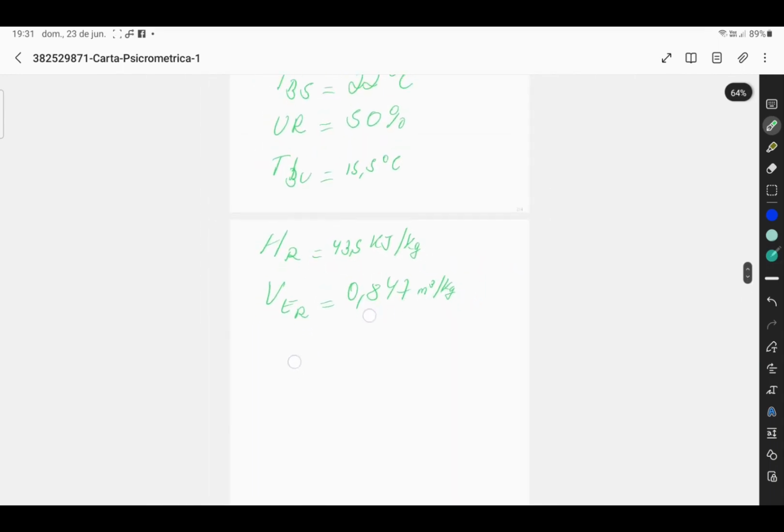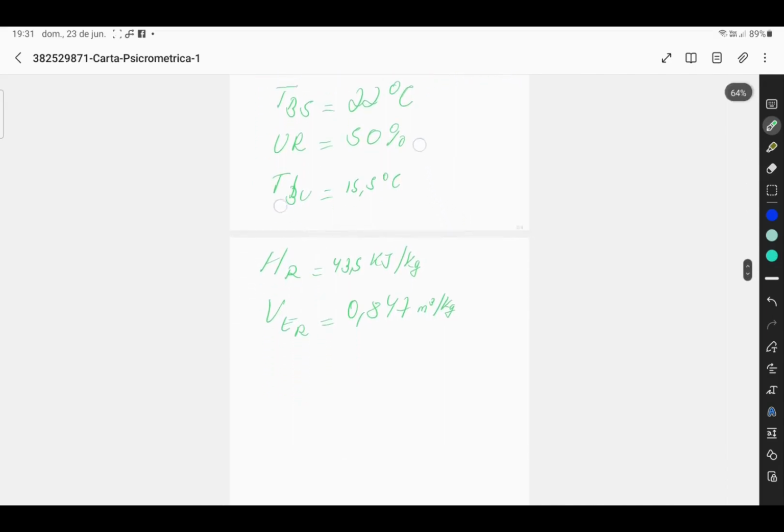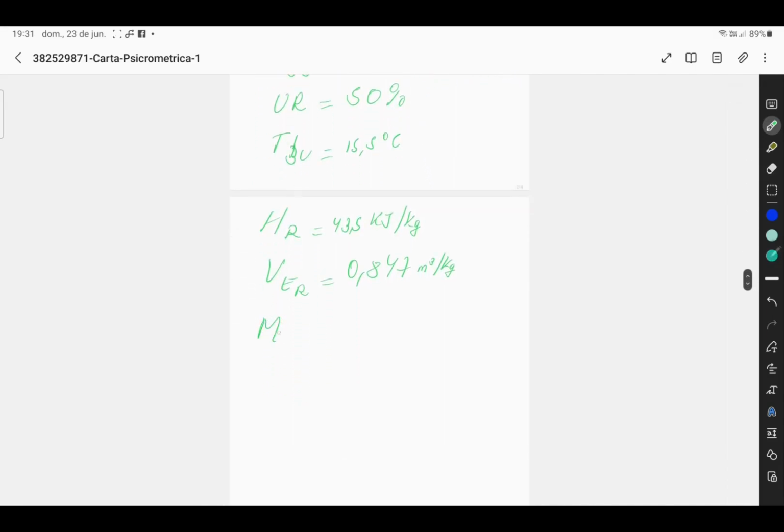Okay, I can now also calculate my mass flow rate. My return mass flow rate will be equal to 3060 divided by 0.847, which gives 3612 kilograms per hour.